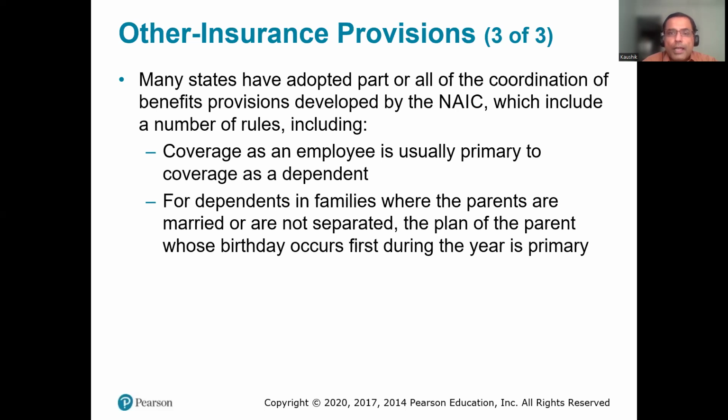An employee may be a primary beneficiary in one group health insurance plan and may be a dependent in another group health insurance plan. The primary health insurance plan will become active first, and then other plans will be applicable.